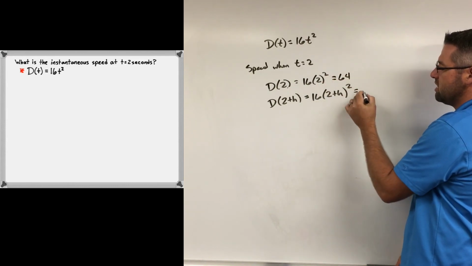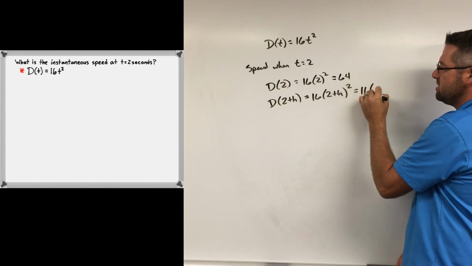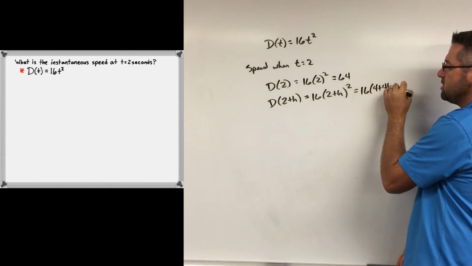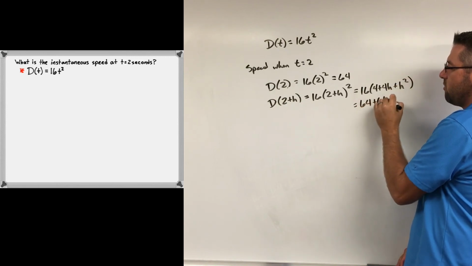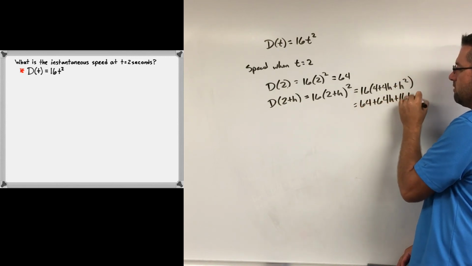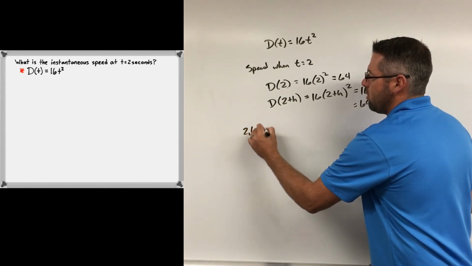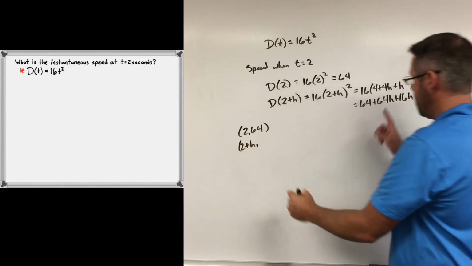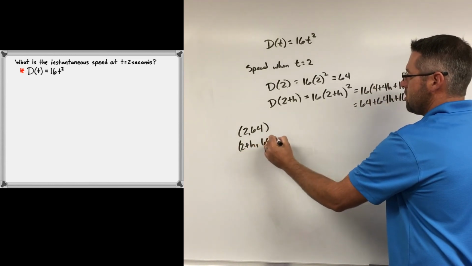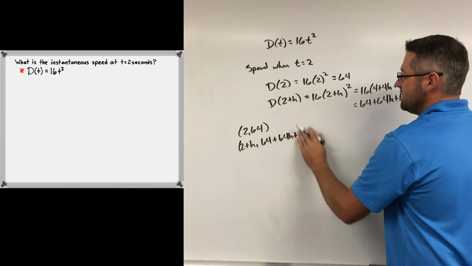And we know that this is going to be, again, I did the work earlier, 16 times 4 plus 4h plus h squared. And then distribute that, you got 64 plus 64h plus 16h squared. Okay? So there are our 2 coordinates: 2 comma 64 and 2 plus h comma 64 plus 64h plus 16h squared.